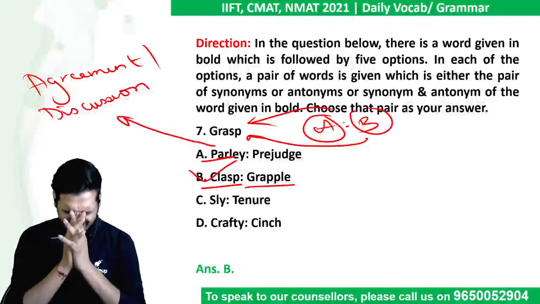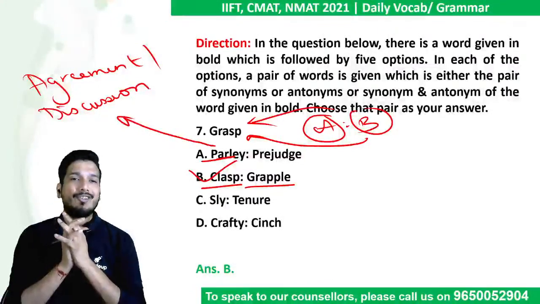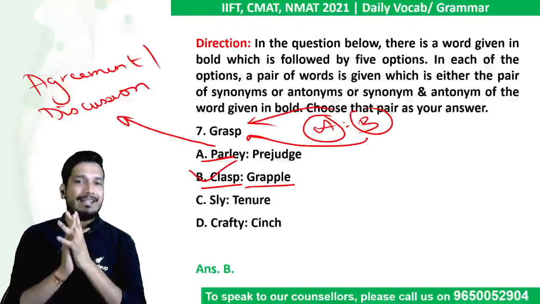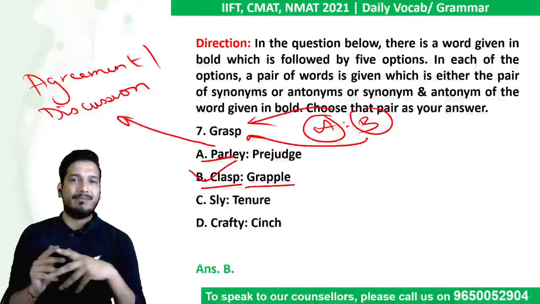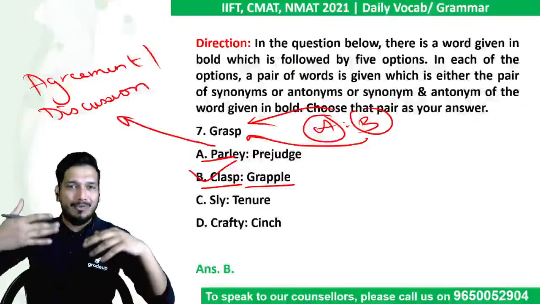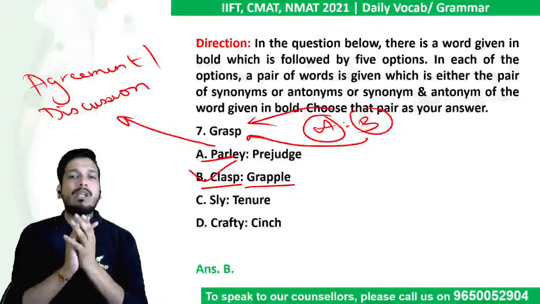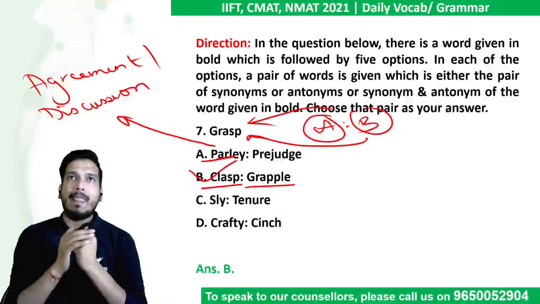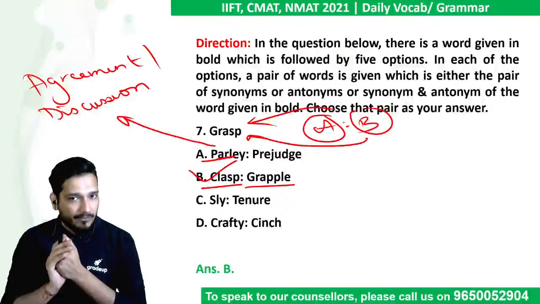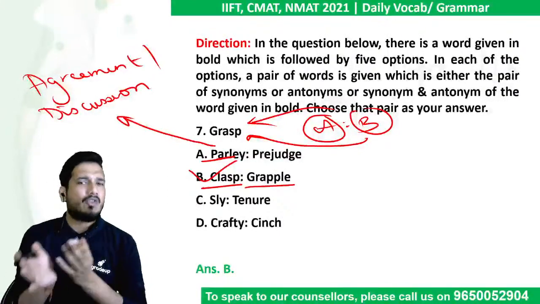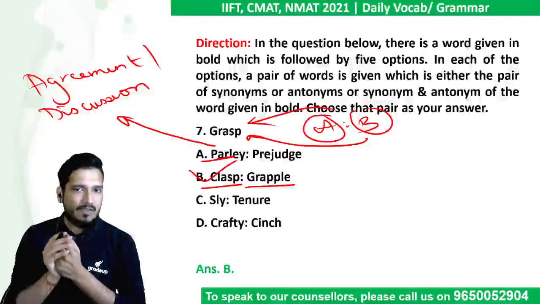If you have watched the series Pirates of the Caribbean, they use this word like 'I'd like to parlay.' So basically what he means is that I would like to sit down and discuss ending this fight. And prejudge means to give a judgment quickly, without going through all the facts. So it's sort of an immature judgment or a judgment given in haste.